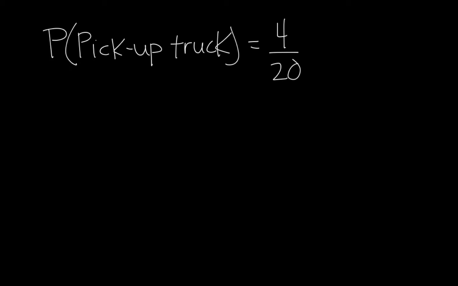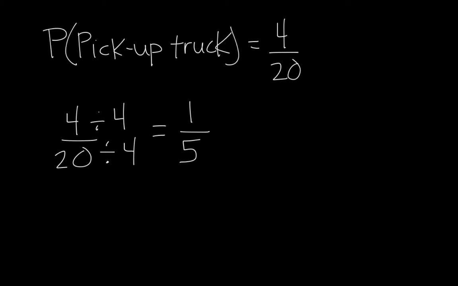So what do 4 and 20 have in common when it comes to factors? 4. We can simplify 4 20ths by dividing the numerator and the denominator by the common factor. That common factor is 4. So when we go 4 divided by 4, we get 1. And when we go 20 divided by 4, we get 5.